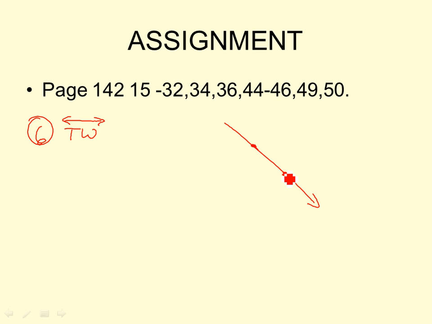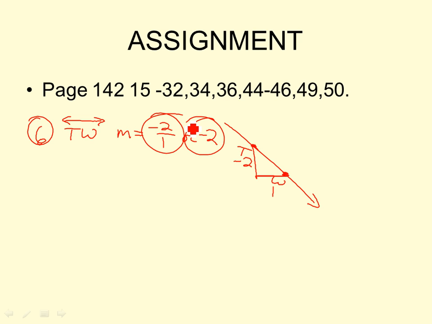If I just go from here to there, it looks like I go down 2 spaces. Down 2 means a -2, and to the right 1, so that's a +1. That means my slope of TW would be -2 over 1. Again, you could change that to just a whole number if you wanted, make it -2. Either one of those answers would be acceptable.